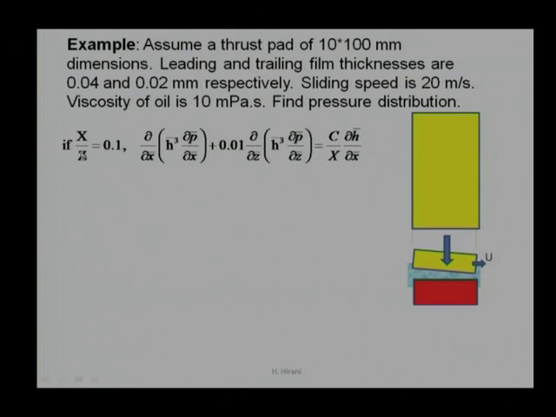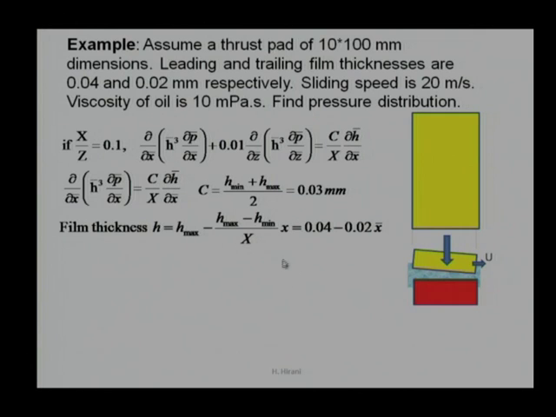To do that, again we can take a few steps, there will be some repetition of steps. In this case, the ratio is 0.1, that means this term is negligible and we are getting only this term. Further, we know the clearance is turning out to be 30 micron, and we can express h in terms of x, which was done in the earlier case also.